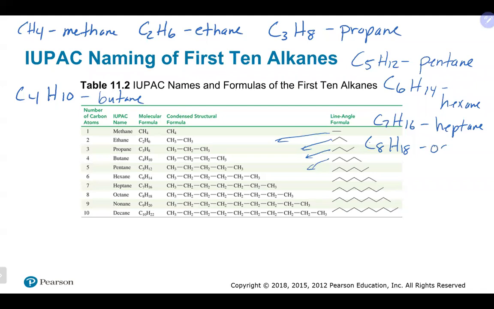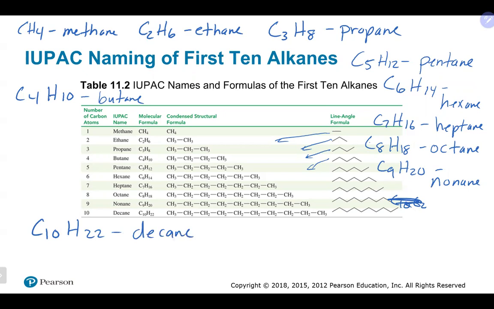That would be octane. 9 carbons would have 20 hydrogens. That would be nonane. And 10 carbons would have 22 hydrogens. That would be decane. So they all, as you can see, end in ANE.